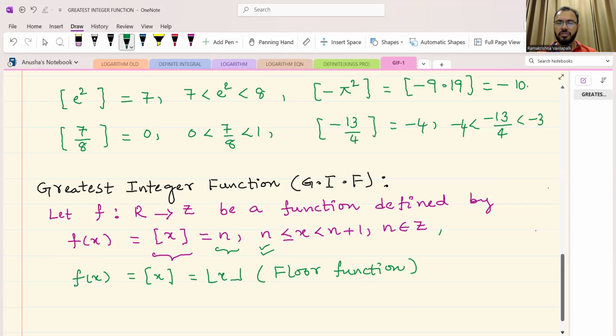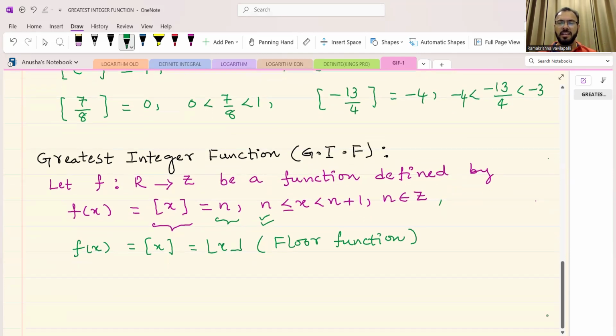All right. So generally we confuse with those square brackets. So whenever they use the square brackets, they have to specify that it represents a greatest integer function, right?